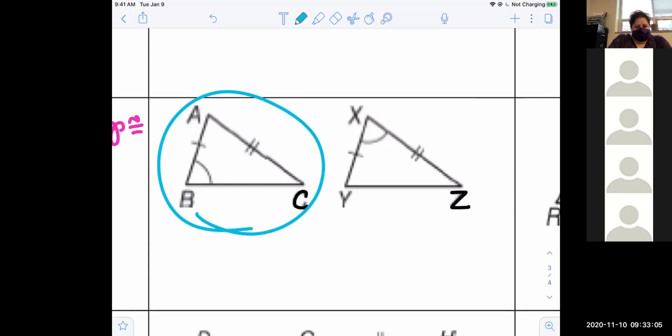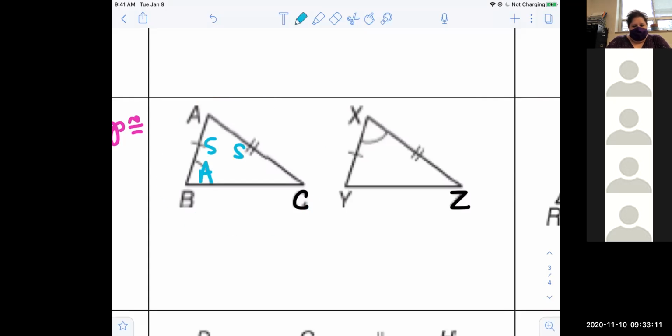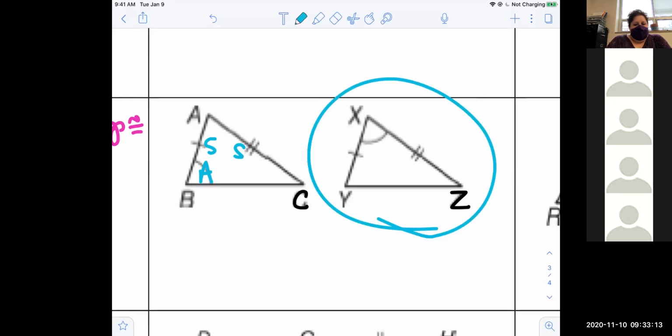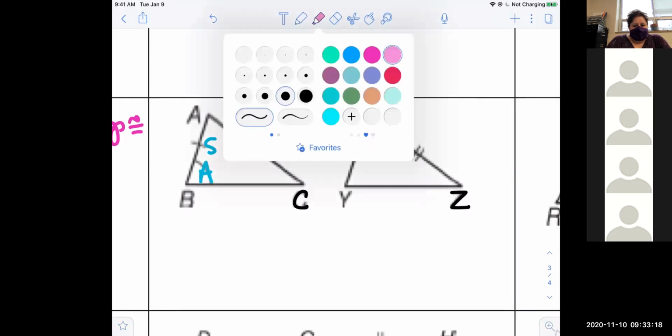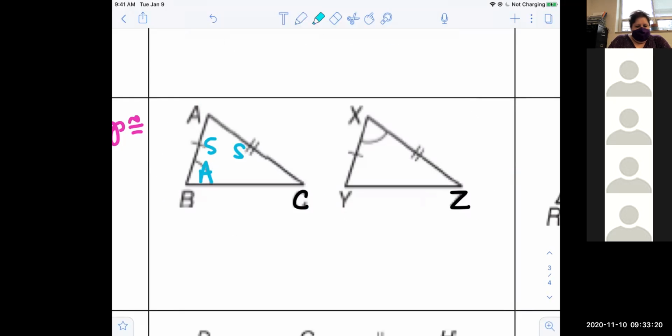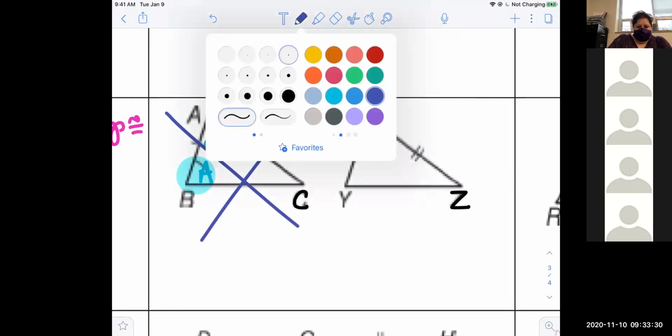That is angle, side, side. That's bad. Would this one look like it could be side, angle, side? Yes. However, we've got the angle in the wrong spot, right? Because this one has the angle that's not included and this one has an angle that is included, it's not in the right position. So we're not going to be able to say if they're congruent.